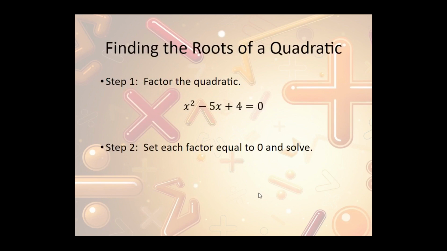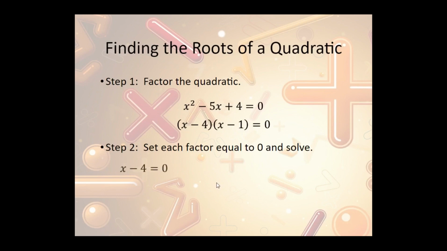So how do we find the roots of a quadratic? Well, the first step is factor the quadratic. So factor it any way you can, and then solve for the roots. When we have x squared minus 5x plus 4, we would use our magic x, and once we do that, we should see that x minus 4 times x minus 1 is equal to 0. So we factor this out.